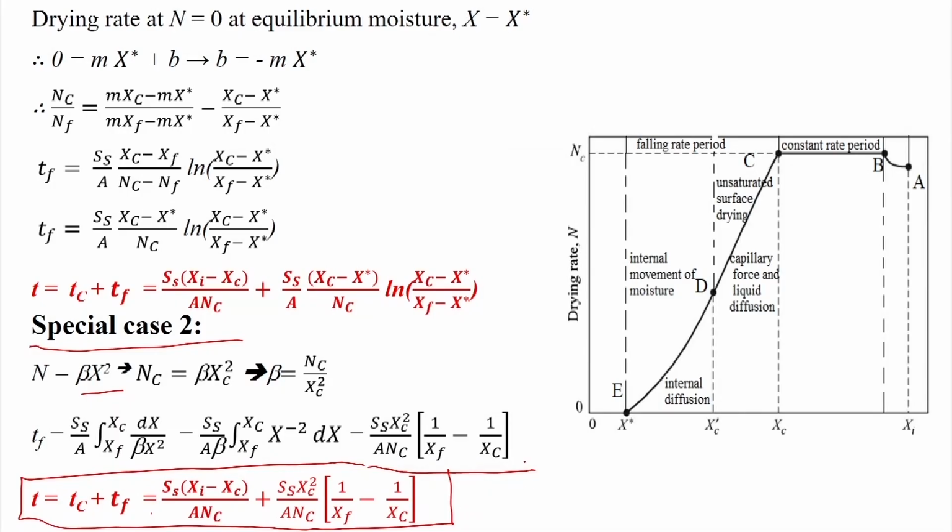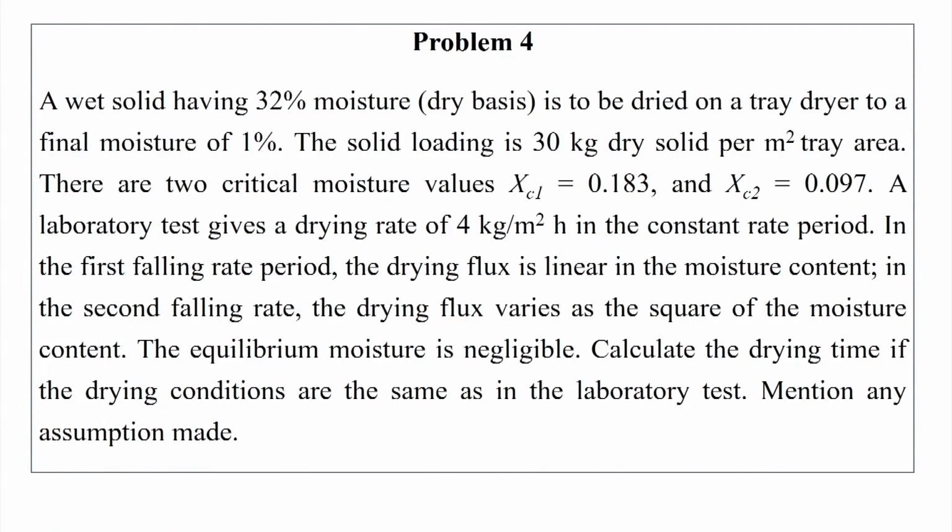These are the regular cases. Now we will discuss one case where there are two falling rate periods, with the first falling rate proportional to X and the second falling rate proportional to X square.